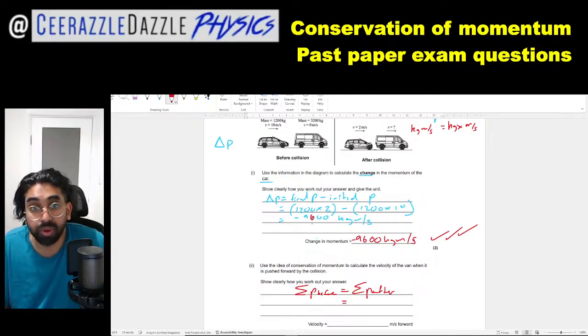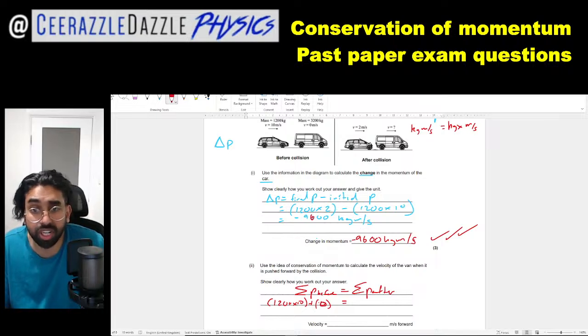The momentum beforehand: don't forget the momentum of the car before is going to be 1,200 times 10, plus the momentum of the van beforehand, which is obviously 0, because its mass is 3200 times 0, which makes it 0. That is equal to the momentum afterwards.